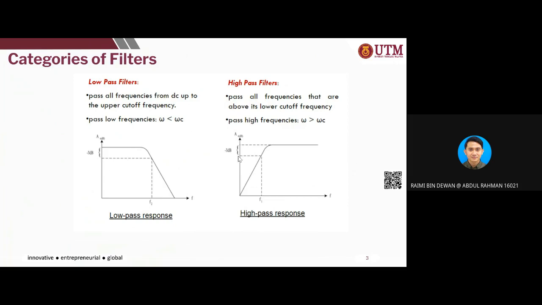That is the cutoff frequency. So high pass filters pass all frequencies that are above its lower cutoff frequency. This is our high pass response.